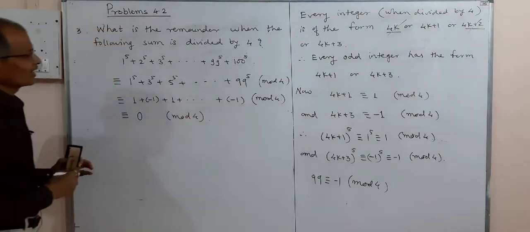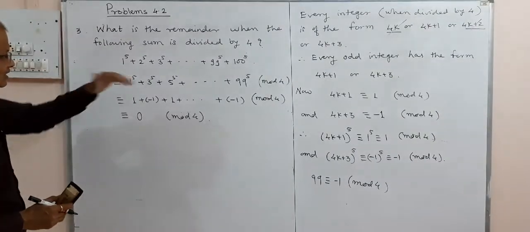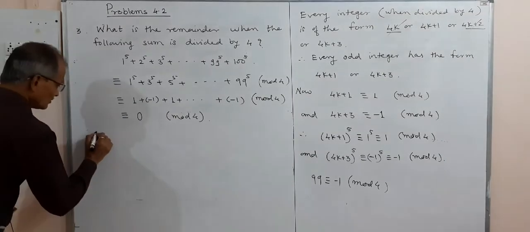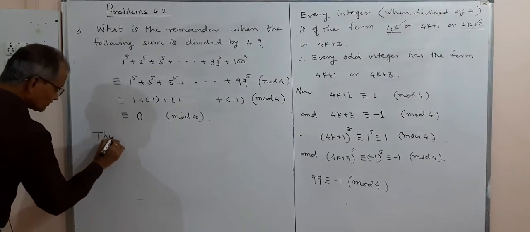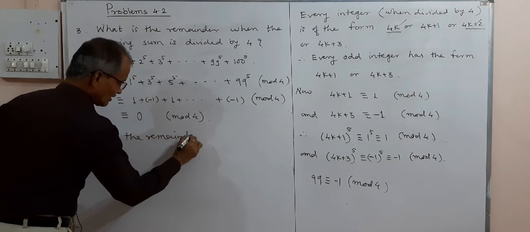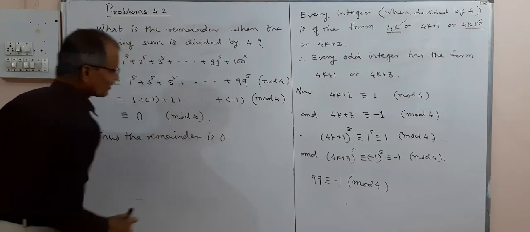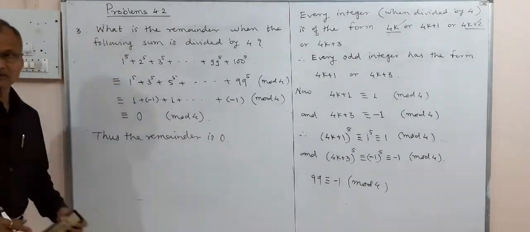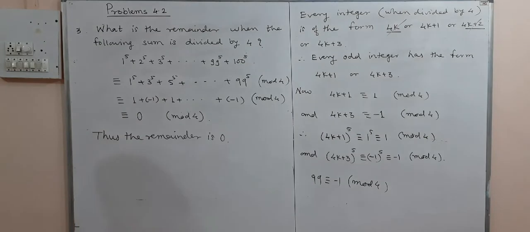And thus finally, when this sum is divided by 4, the remainder is 0. So thus the remainder is 0 when the given sum is divided by 4, and this completes the solution of the problem.